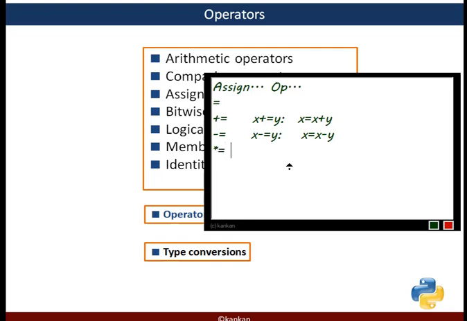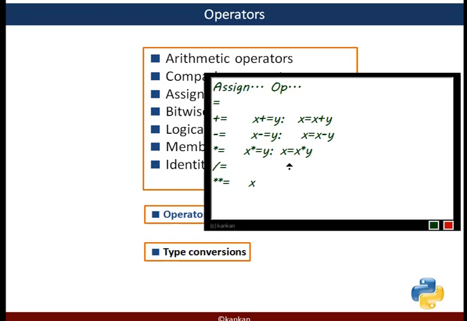Similarly, star equals: if you write x star equals y, then it will be x equals x star y. Division equals and exponent equals can also be written in this way.